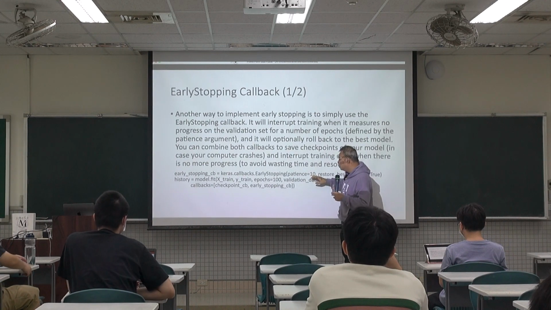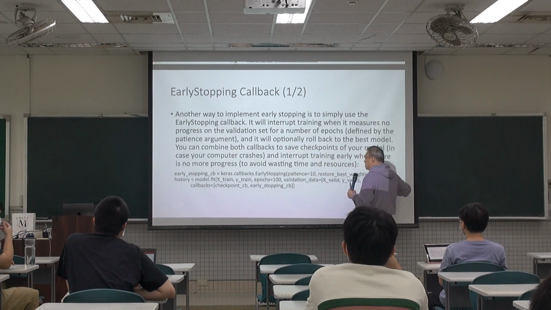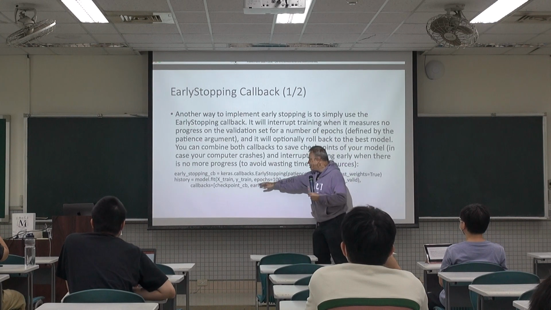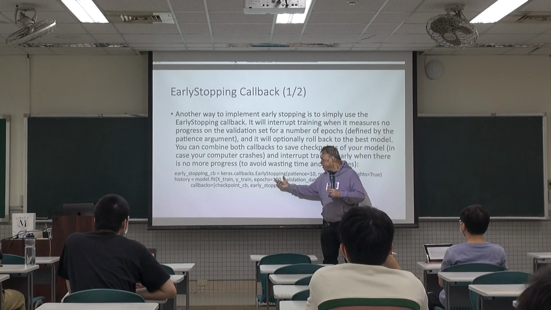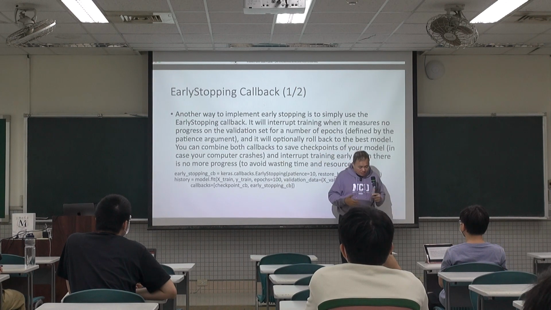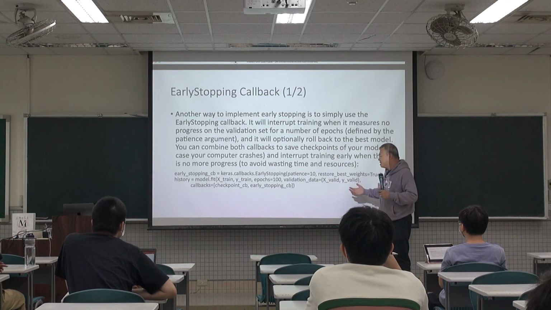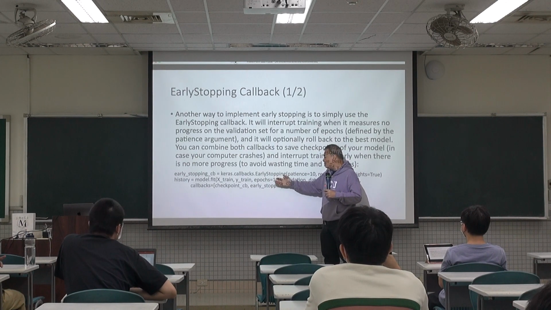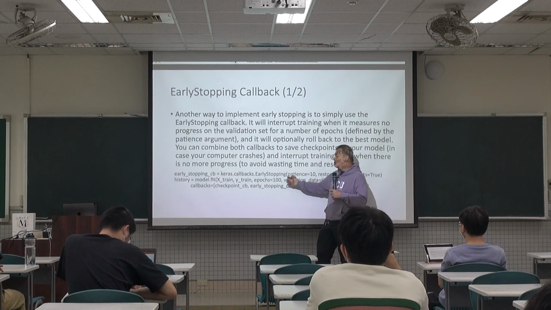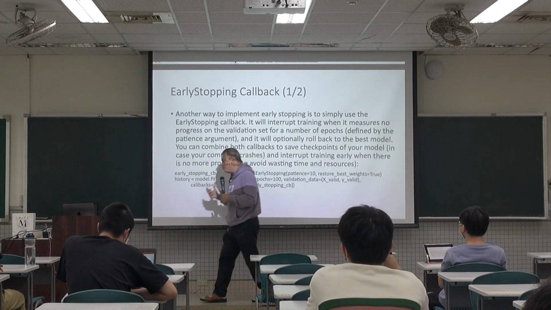So with that, you can see we set epochs to be 100. You can set a very big epoch number anyway, because it doesn't matter. Most of the time, it's not going to run this long, because the training will stop because of the early stopping.